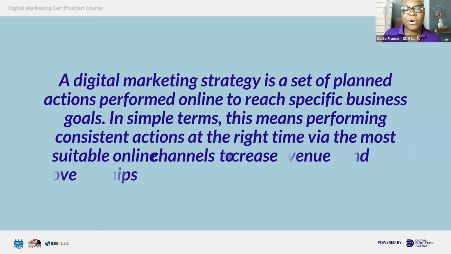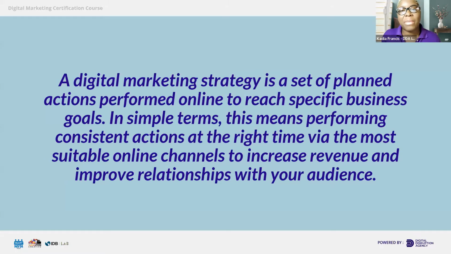So let's talk about first what a digital marketing strategy is, just so you can understand why we're going here. It's a set of planned actions performed online to reach specific business goals. So the whole point of the plan is so you can reach specific business goals.